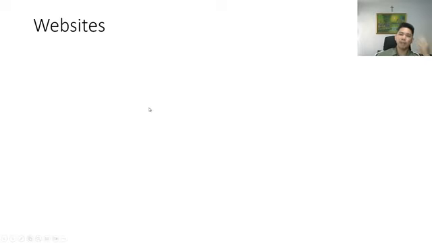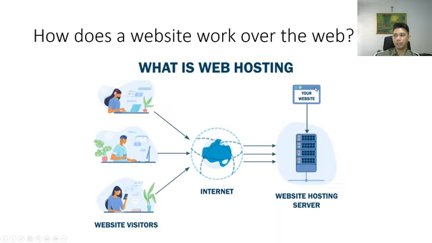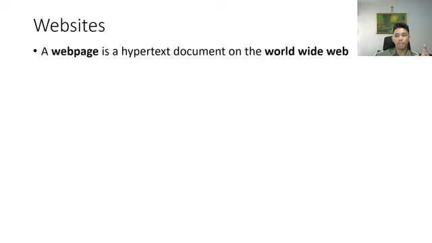Now, let me clarify. Ano ba ang ibig sabihin ng website? A website, or sorry, a web page muna, is a hypertext document over the web. Katulad nito, isang page is a web page. Kung may isang file ka lang, that is one web page. It's a hypertext document.